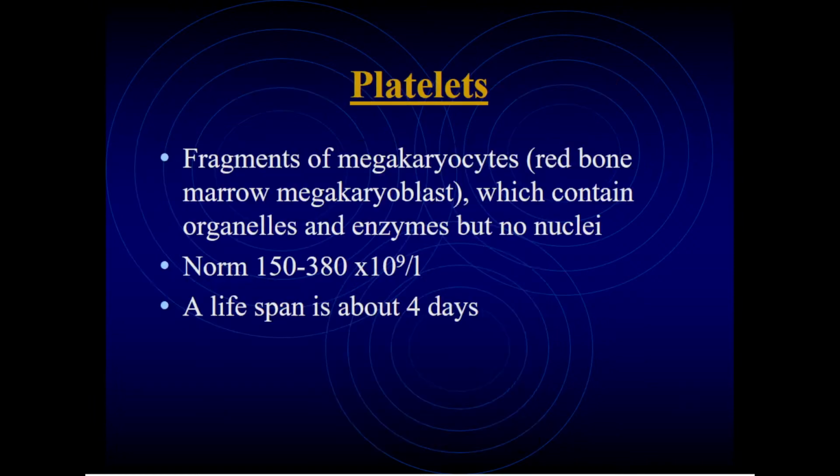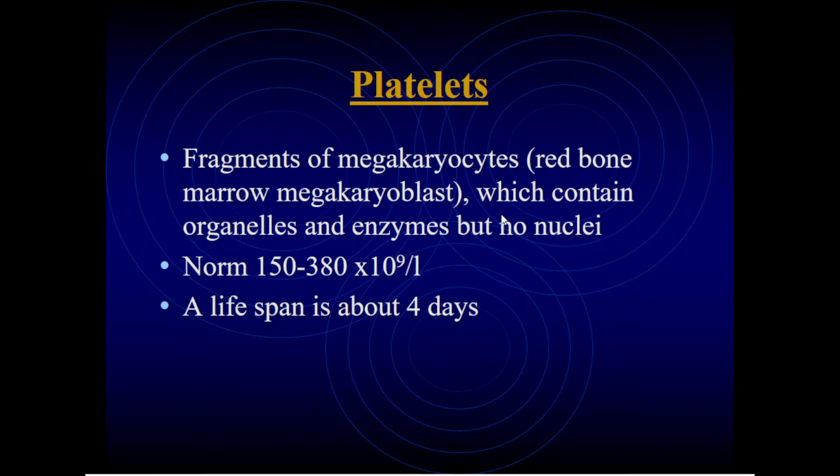The platelets or plaques are blood-borne cell fragments which contain organelles and enzymes, but no nuclei material. They bud off from megakaryocytes and giant multinucleate bone marrow cells derived from the myeloid stem cell line.